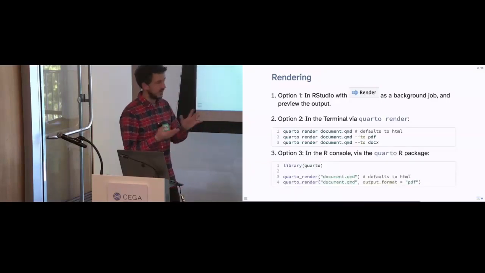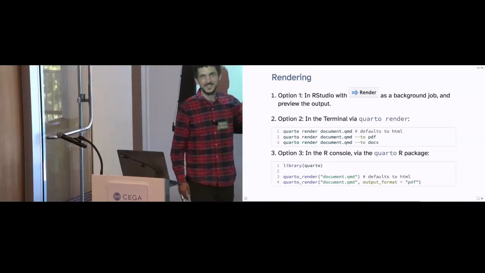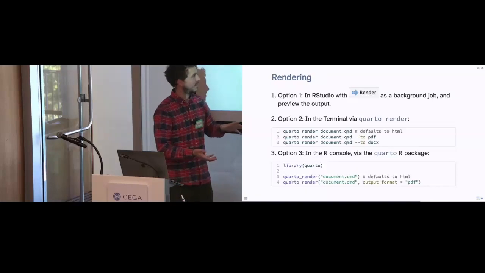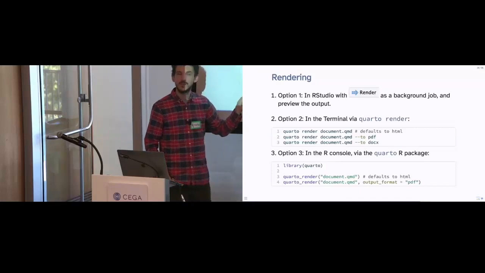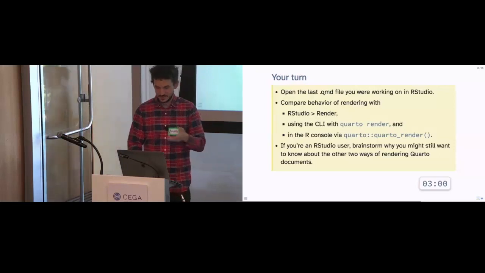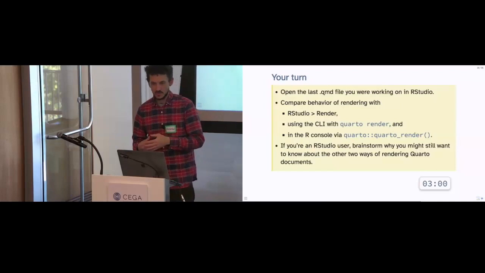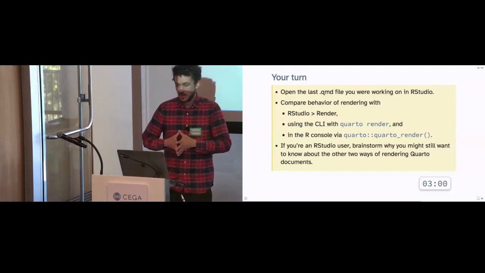There's also, and it's kind of confusing, an R package that wraps Quarto. So you can render your documents within R using Quarto. This does have a use case, but I want you to tinker around with this a little bit. So open, or you probably still have that QMD file, and try a couple of different things.